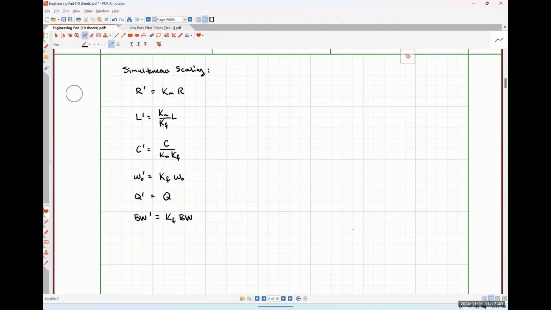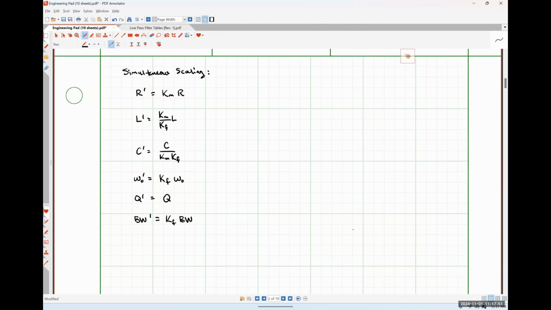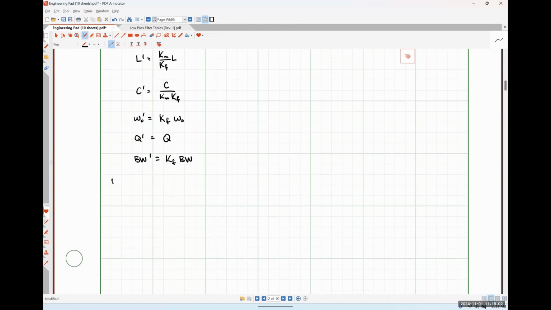So I hit you with a bunch of equations and all of that kind of stuff. It's hard to understand what's going on until we put it in context. So that is exactly what I want to do. So let's work an example here.